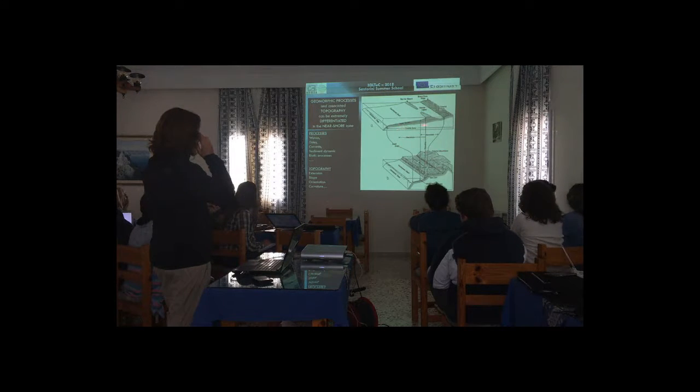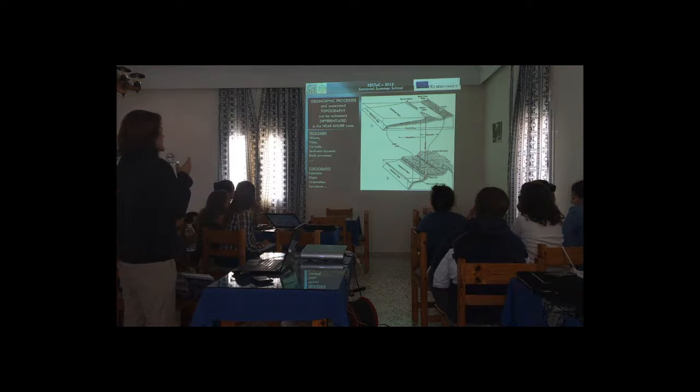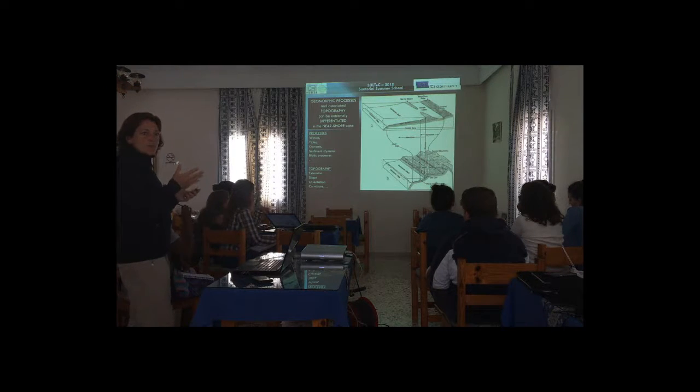And this is just a slide that can summarize a bit that the nearshore area, so the shallower area, and the dynamic of the area is driven by the type of coast that you have.